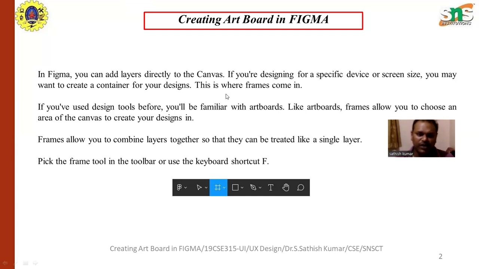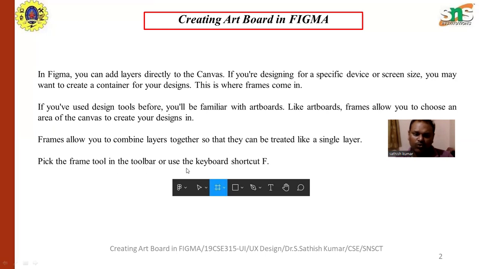If you have used design tools before, you will be familiar with artboards. Like artboards, frames allow you to choose an area of a canvas to create your design in. Frames allow you to combine layers together, so they can be treated like a single layer. See this diagram; this is the frame. We can click and drag to create a frame.